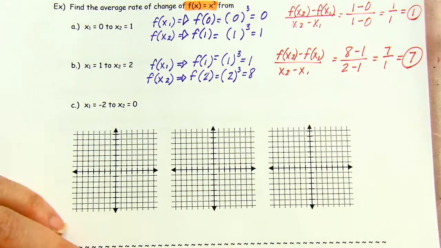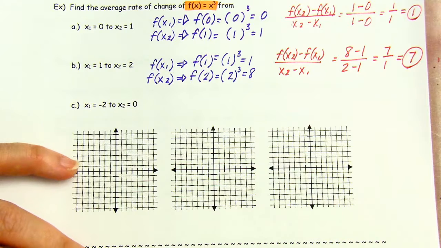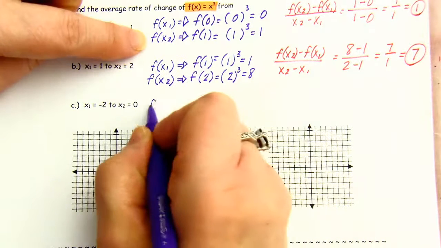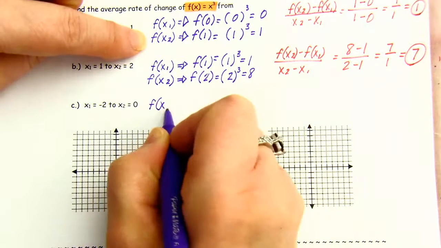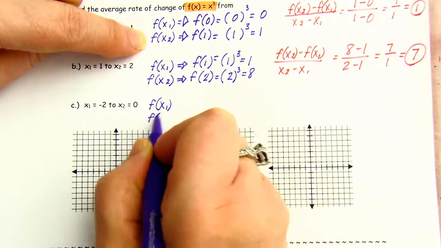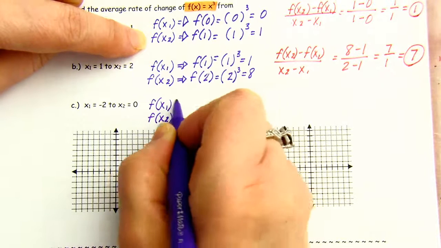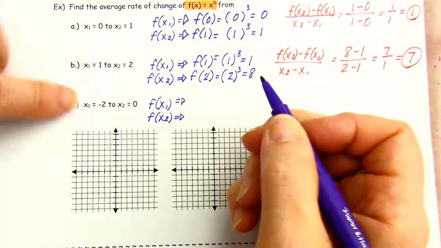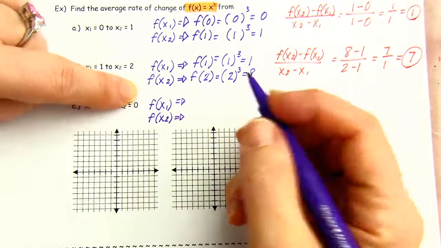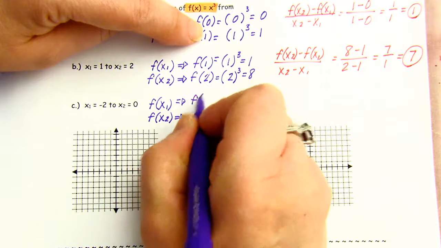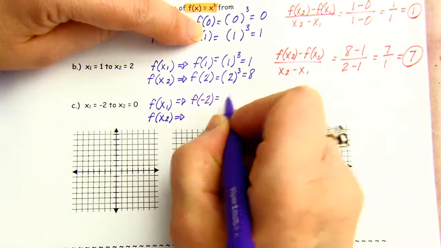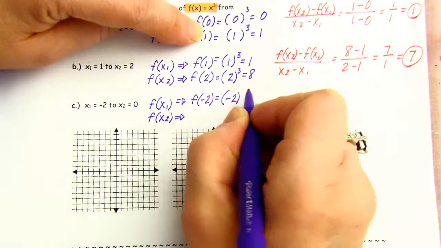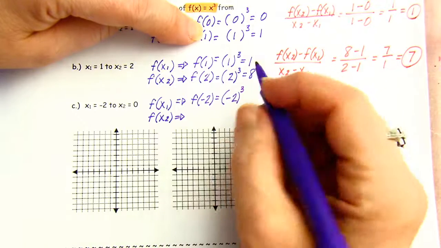We'll see what happens from -2 to 0. Again, you have to compute the y values by actually finding f of -2 and f of 0. When I cube a negative, it's negative.